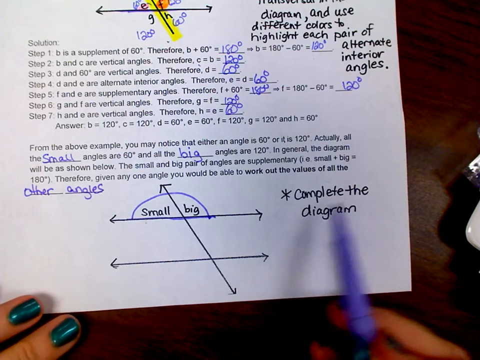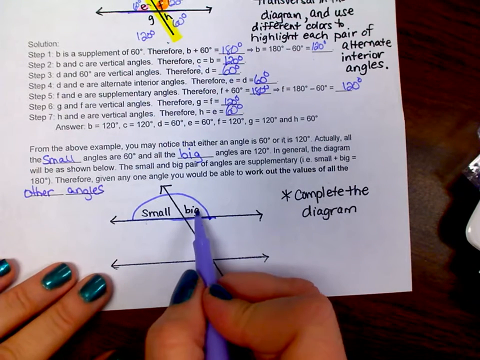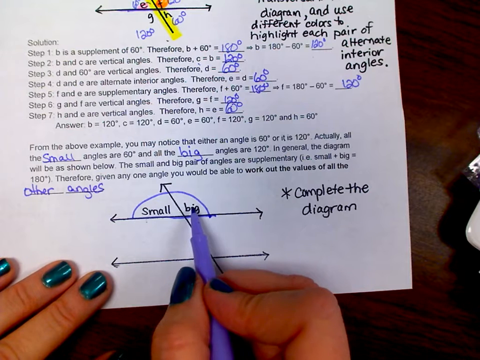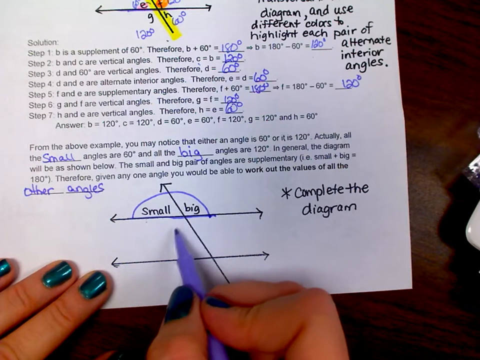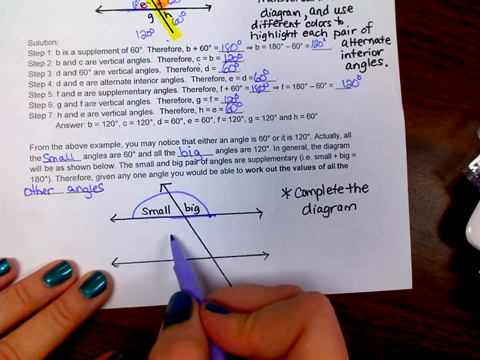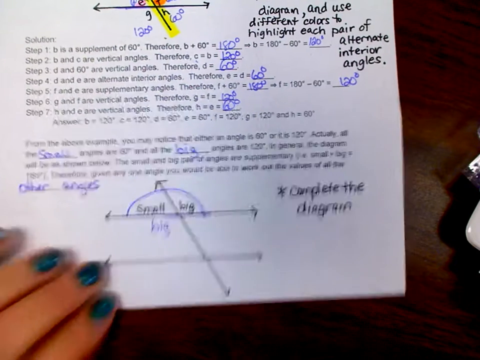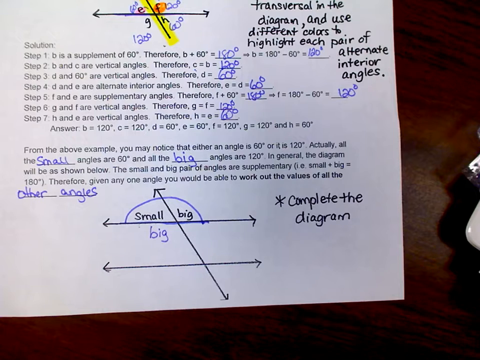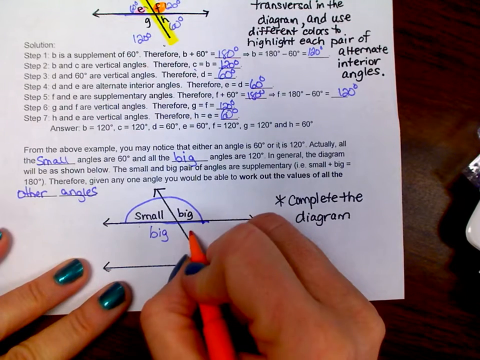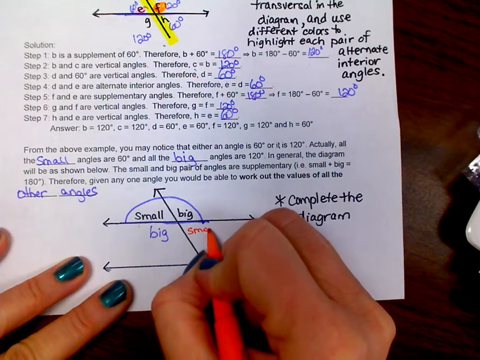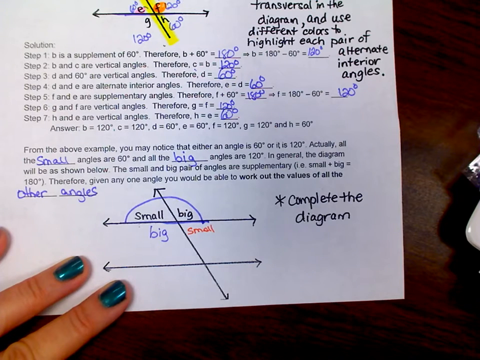So we need to complete the diagram. If this one's your big angle, your vertical angle, which vertical means opposite, across from, is congruent. So it would be your big angle and your small angle. Okay?